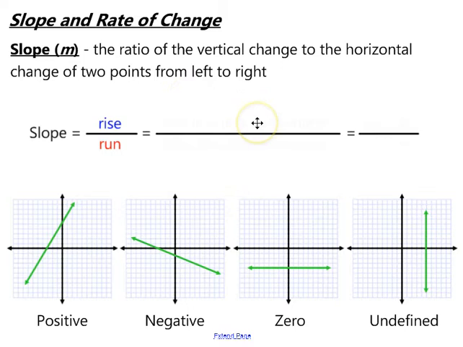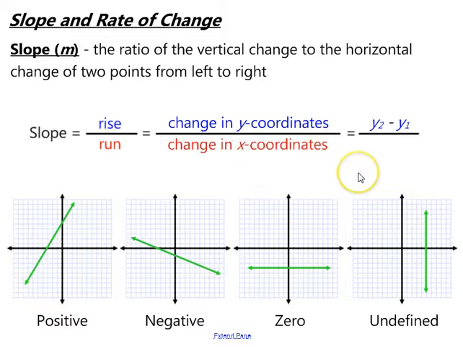The rise is the change up or down, which is the y-coordinates, and we represent it as y2 minus y1. You take the y-coordinate of the second point and subtract the y-coordinate of the first point. Then the run, you run horizontally left to right, so that represents the change in the x-coordinates. We find that by taking the x-coordinate of the second point and subtracting the x-coordinate of the first point.